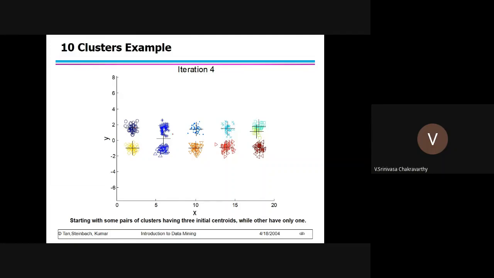The 3 and 4 actually got merged, so the centroid is sitting between two clusters. Then 5, 6 again are okay. 6, 7 are okay. 7, 8 are okay. 9, 10: actually there are two clusters, but there are three centroids here. So one of these clusters got split into two clusters. These two clusters got merged into one large cluster. And this cluster, which is only one cluster, got split into two clusters. Other than that, everything else is okay.